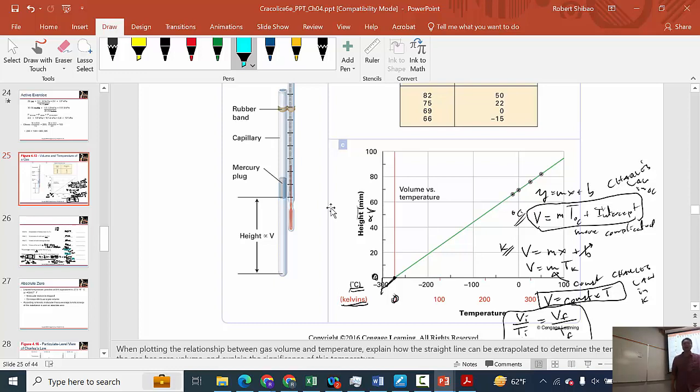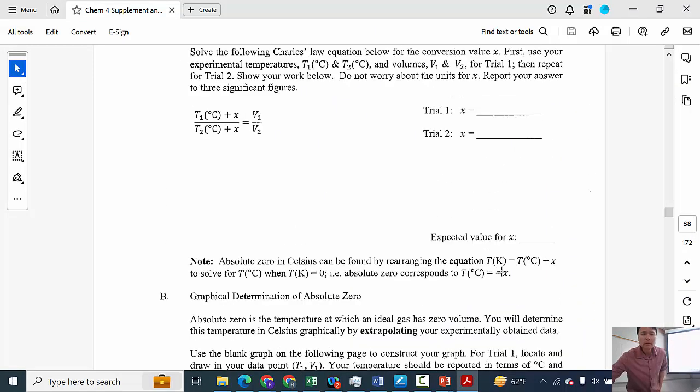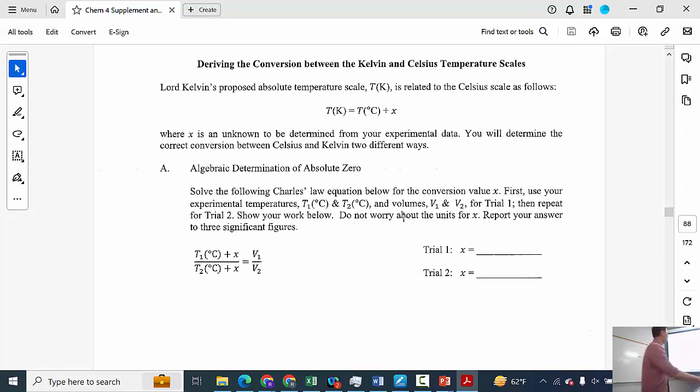And so you have some graph paper here. Do you know what this is here? This is Charles' law in Celsius. And so this would be V1 over T1 plus X and V2 over T2 plus X. And so what we're going to do is use some algebra to calculate what X is.